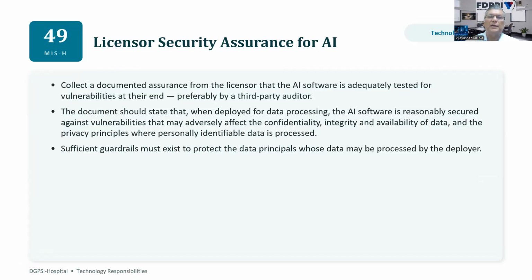The document should state that when deployed for data processing, the AI software is reasonably secured against vulnerabilities that may adversely affect the confidentiality, integrity, availability of data, and the privacy principles where the personally identifiable data is processed. Sufficient guardrails must exist to protect the data principals whose data may be processed by the deployer.